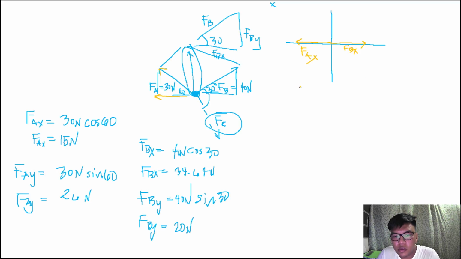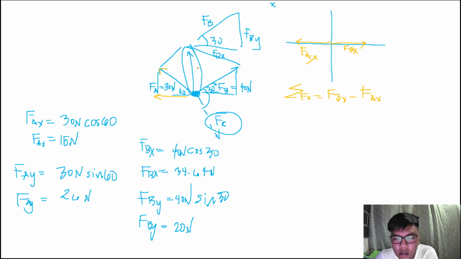Okay, so we have now summation of forces along X is equal to, okay, so this will be equal now to FBX minus FAX.